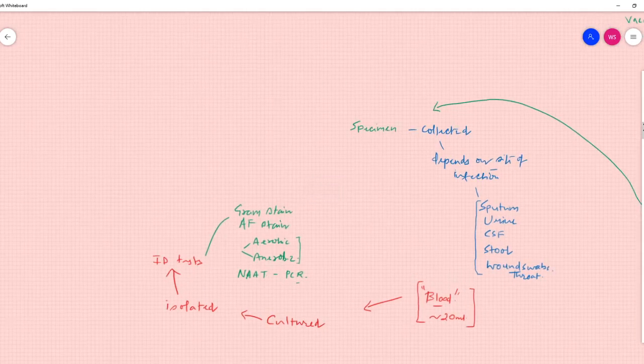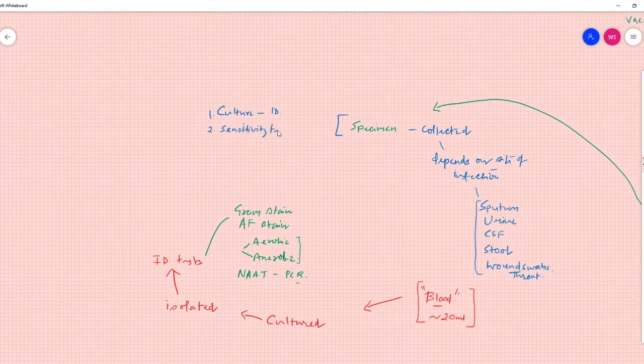So with this specimen, what do we do? We do a culture. Why do we do the culture? For identification. And the second thing that we do is a sensitivity test. What is a sensitivity test?